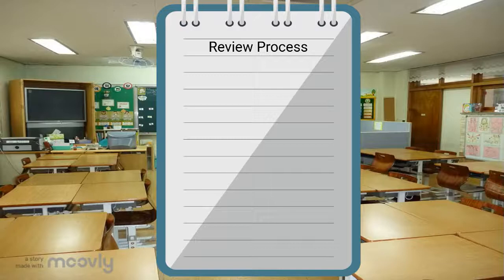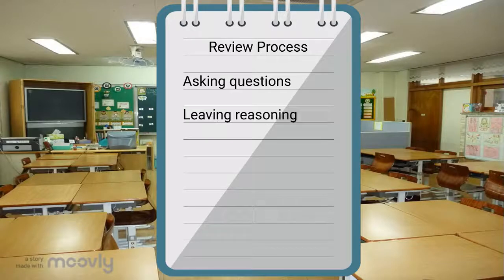The review process is composed of strategies which include asking questions, leaving reasoning for all comments, both negative and positive, focusing on large aspects before smaller details, and leaving an endnote concluding your thoughts on the author's work.